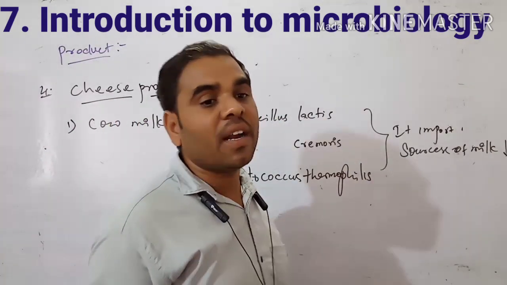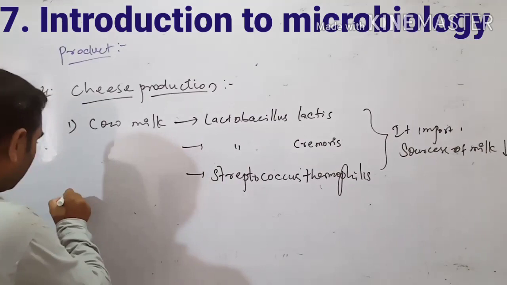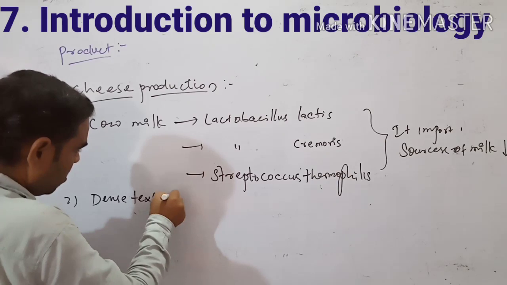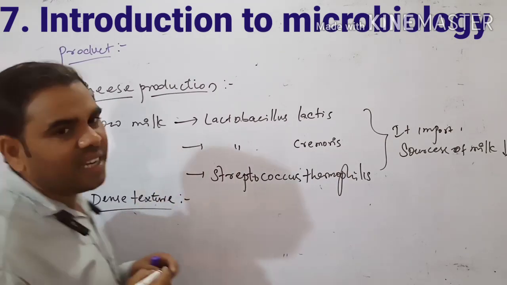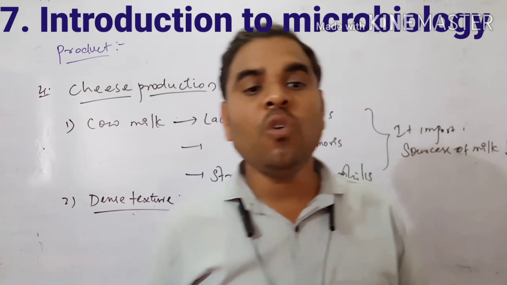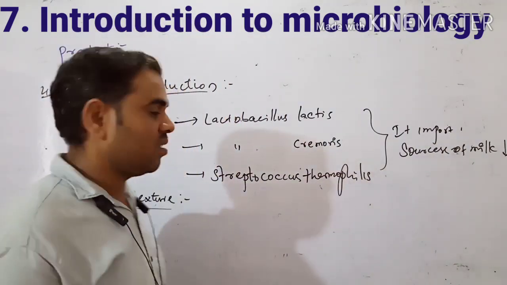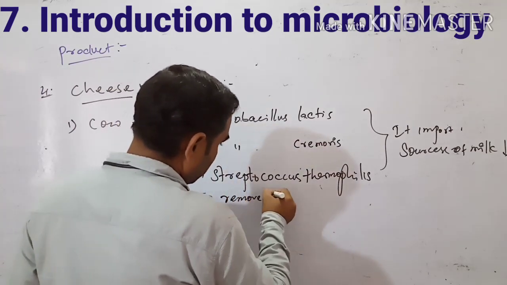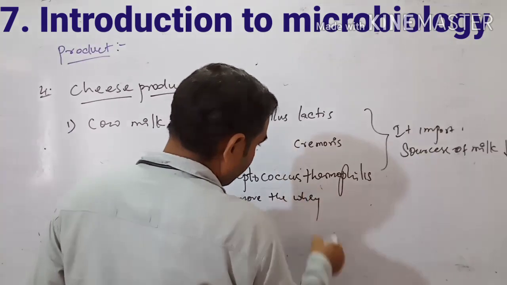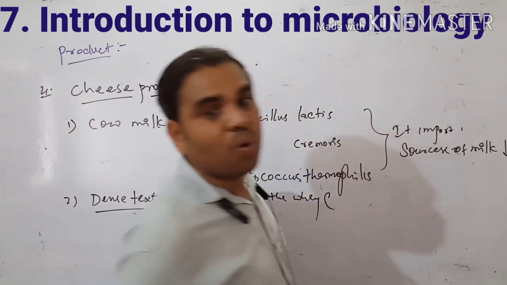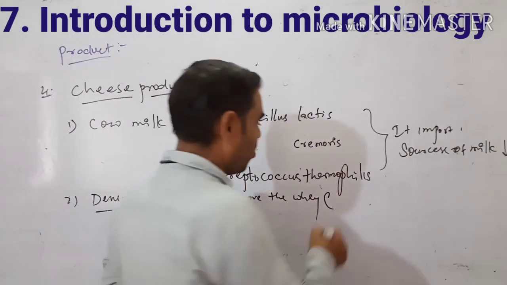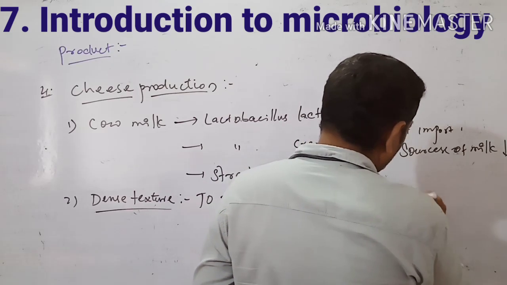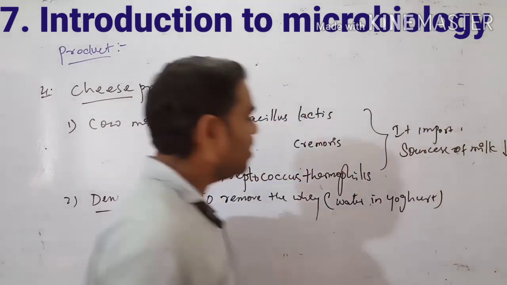Next we have to see the dense texture. Here the dense texture is formed by removing the water in the ingot.